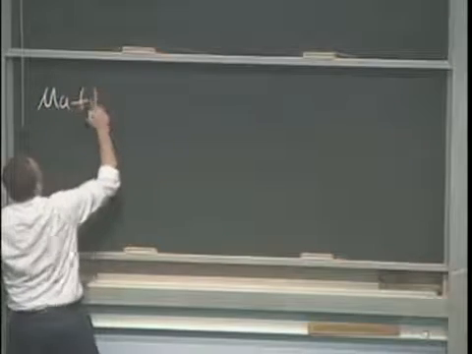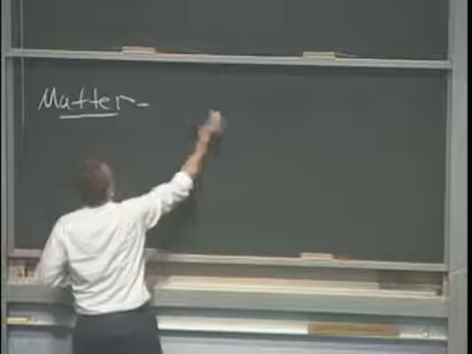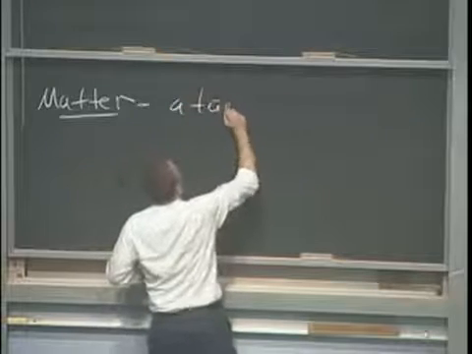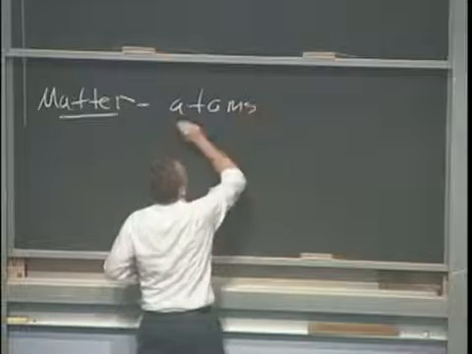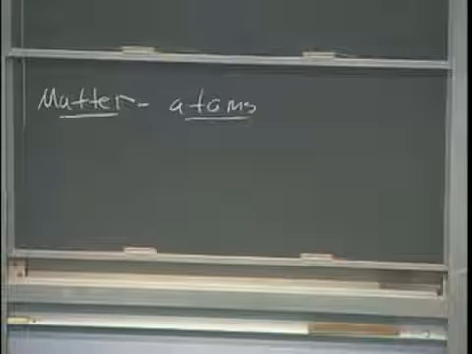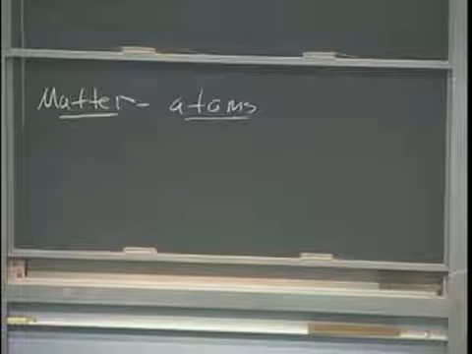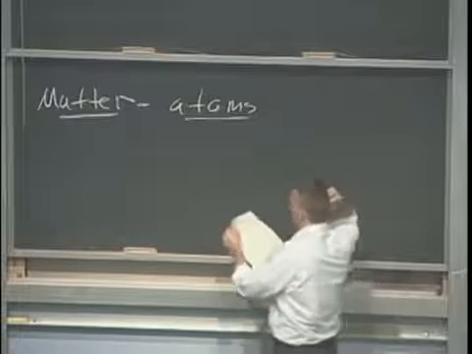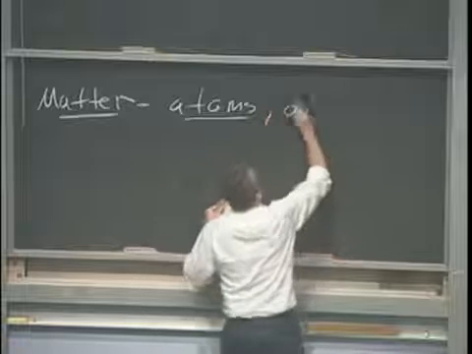So matter is made up of atoms. And often these atoms can be bound together in more complex combinations, which we call molecules.